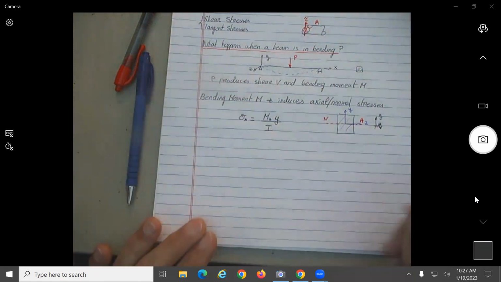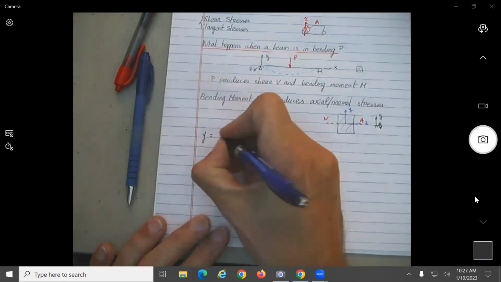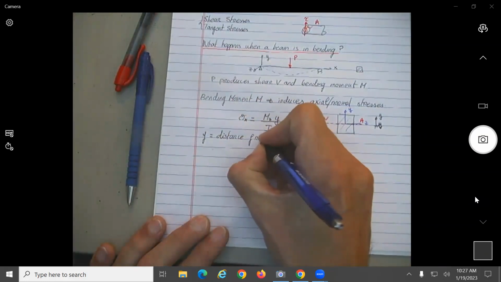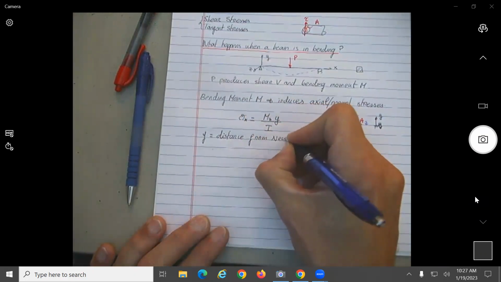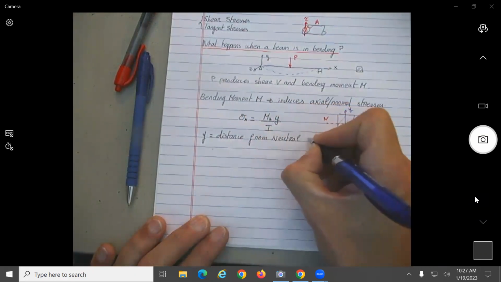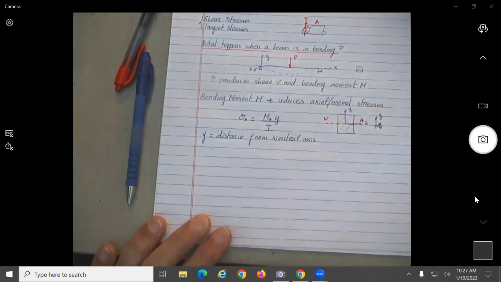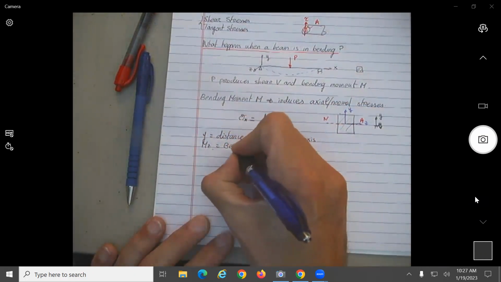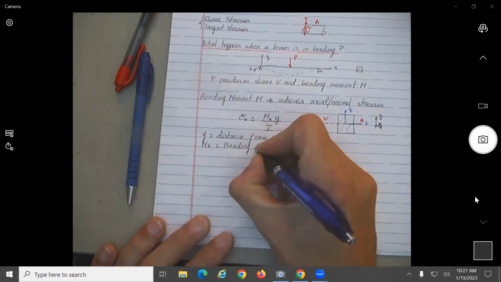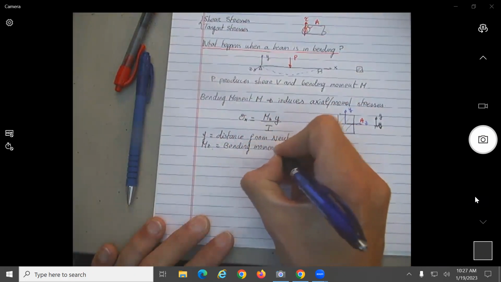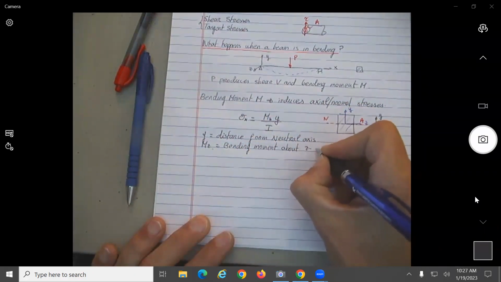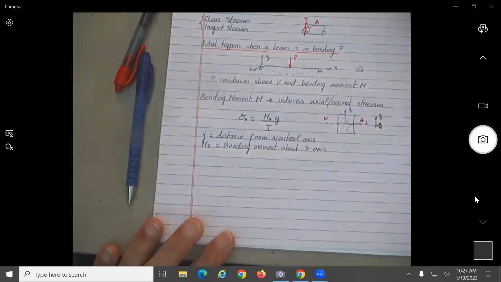So y is the distance from the neutral axis. Okay, Mz is the bending moment about the z axis.